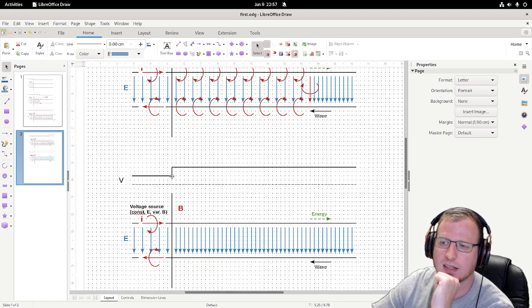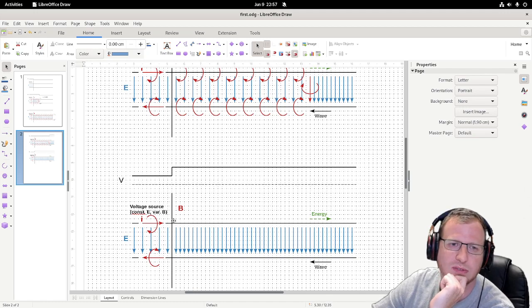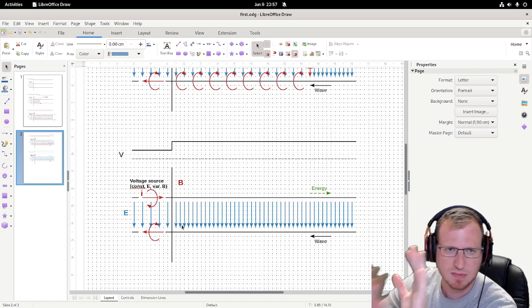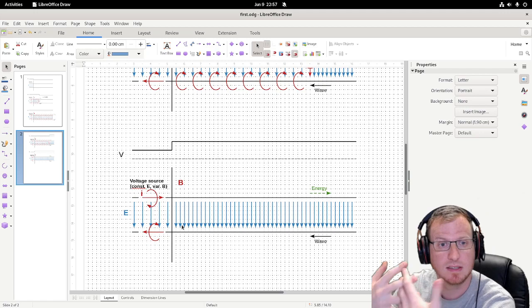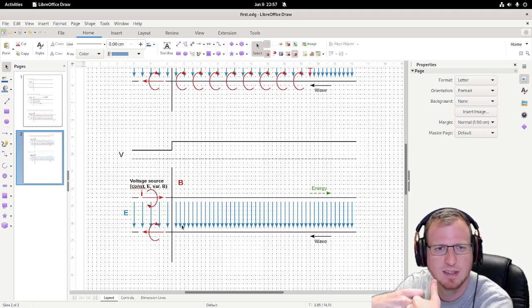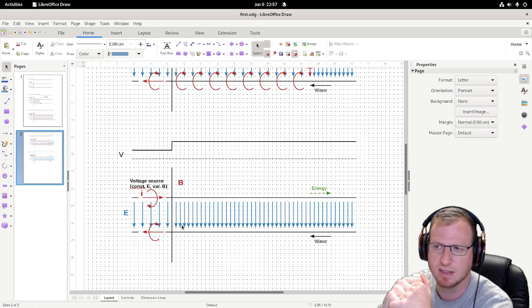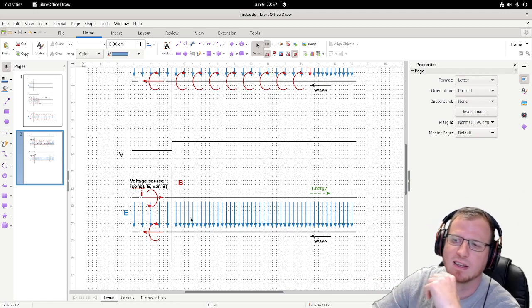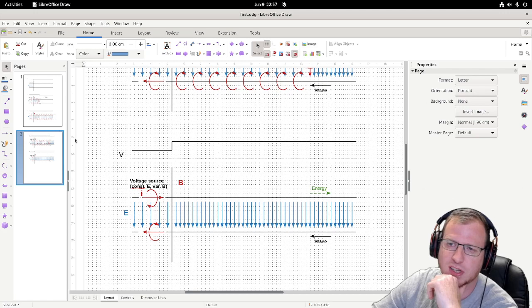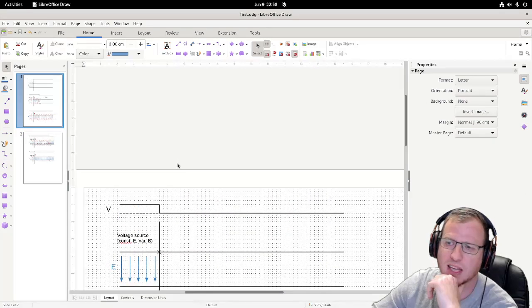And now the voltage source is confronted with the situation that it's pumping inside, and then it's seeing, oh, it's too much electrical field energy now in the transmission line. We have the opposite situation than at the beginning.